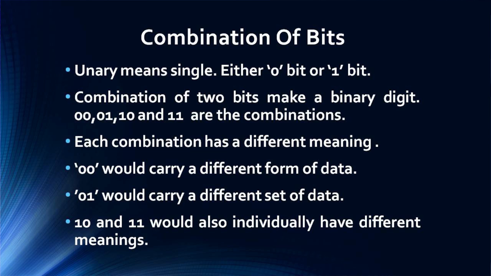Each combination, it is to be noted, has a different meaning. If a signal is going in the form of 00, it would carry a different form of data. 01, on the other hand, would carry a different set of data. 10 and 11 would also individually have different meanings.